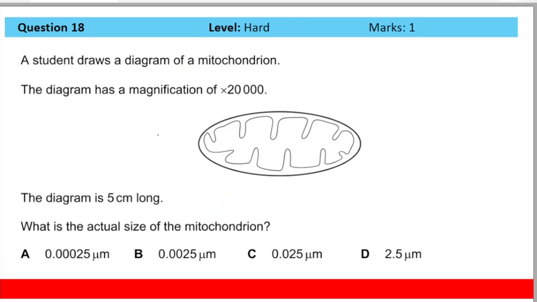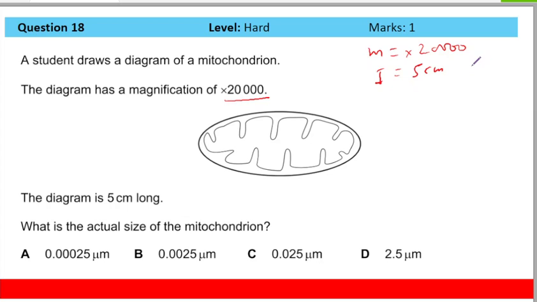Question number 18. A student draws a diagram of a mitochondrion. The magnification is given here: M is 20,000 times. The diagram is 5 centimeters long, so the image size is 5 centimeters.